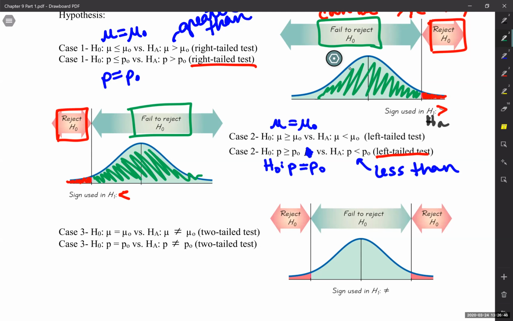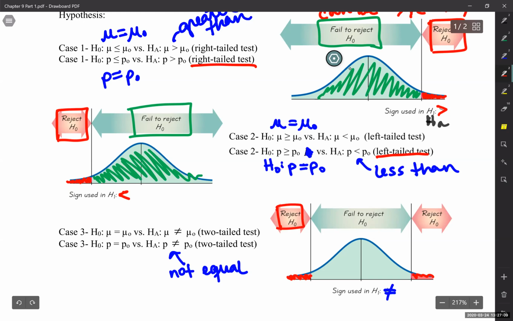And this last scenario is the last type of inequality that we have, and this is not equal. Well, not equal could mean more and it could mean less. And so not equal for our alternative hypothesis means I need to consider both sides, the left and the right.